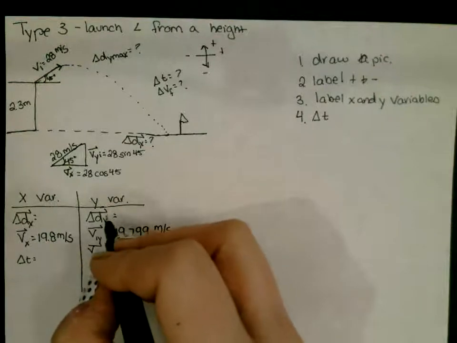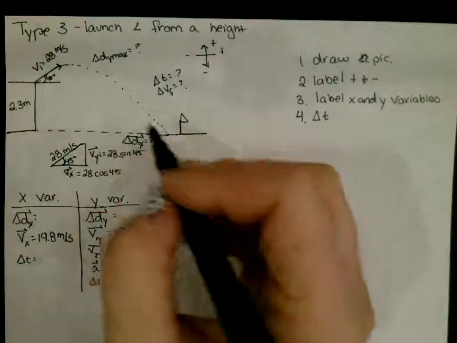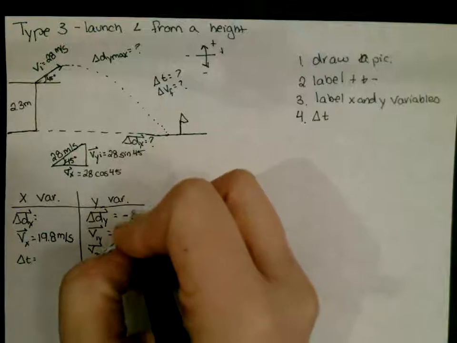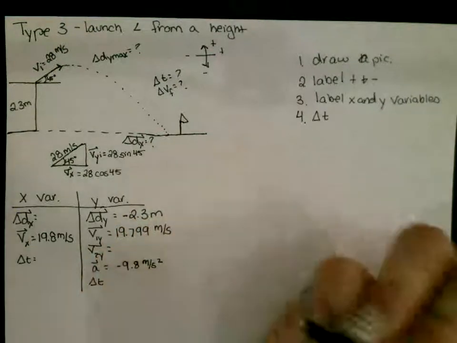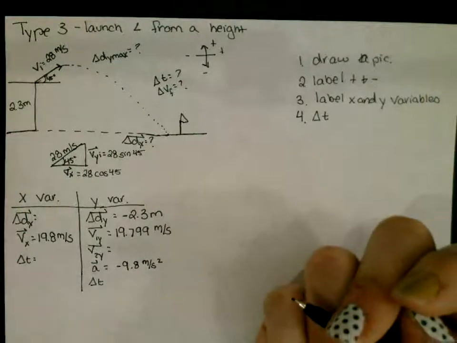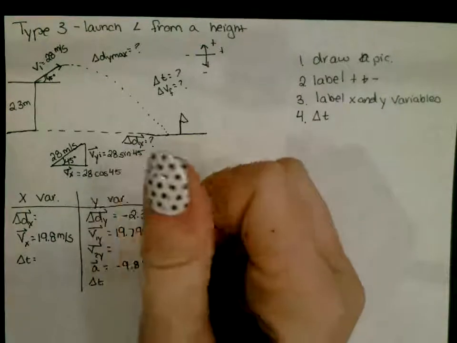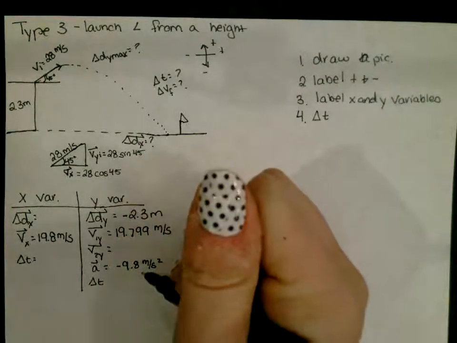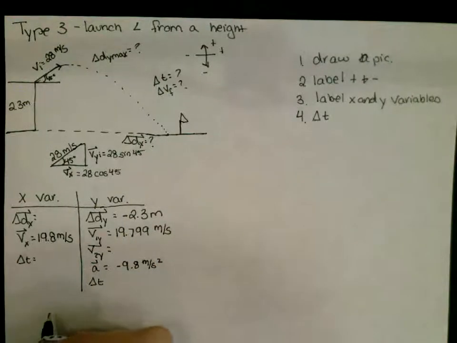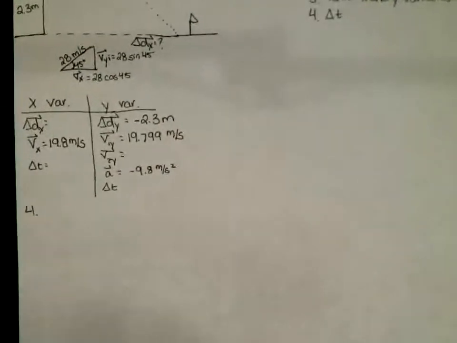Our displacement on the y-axis, our final displacement on the y-axis, is 2.3 meters below where it started. Now I have everything I need. I have 3 out of the 4 kinematic variables I need to solve for this change in time. So step 4 is change in time. Let's come down here and let's solve for this change in time.